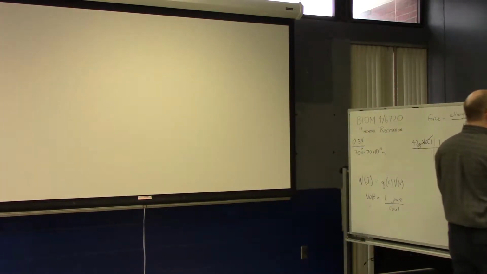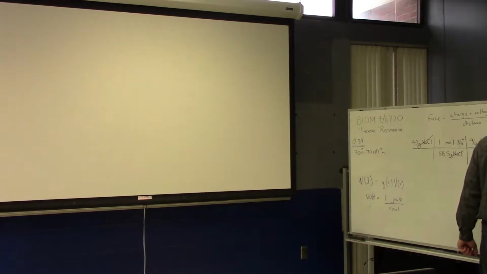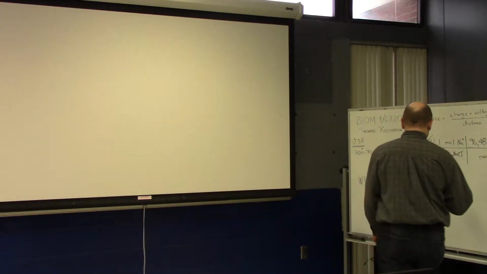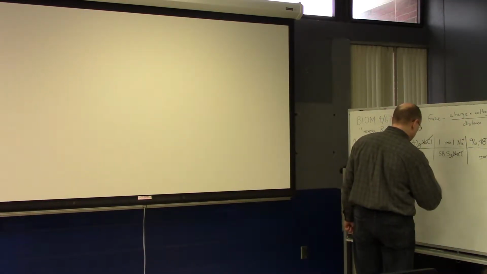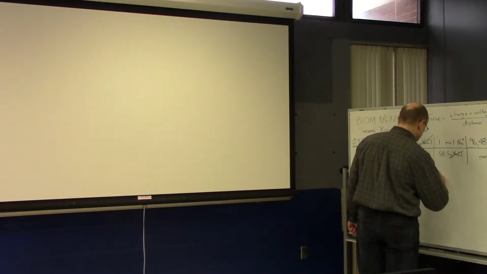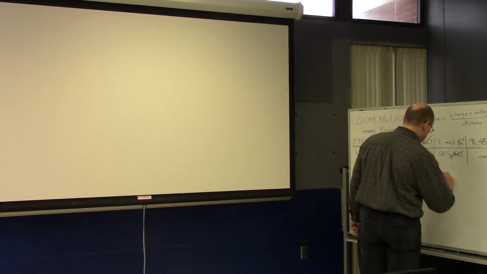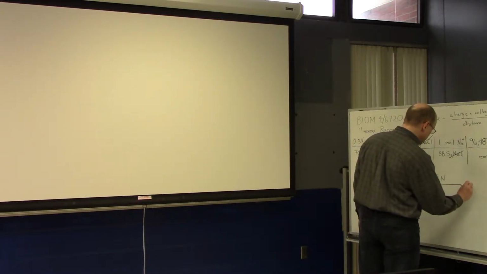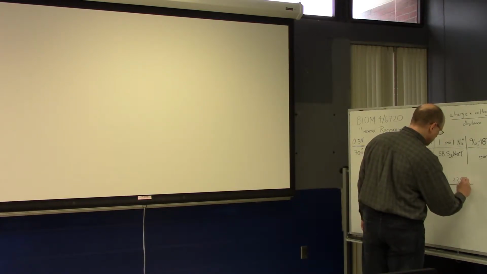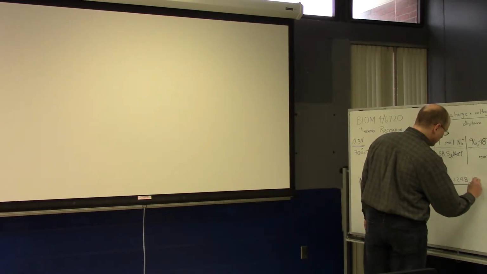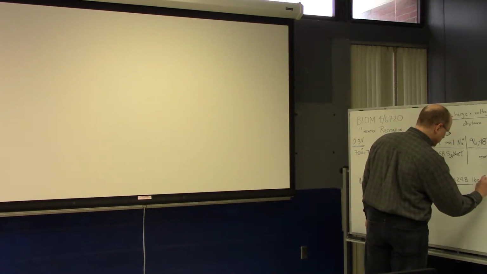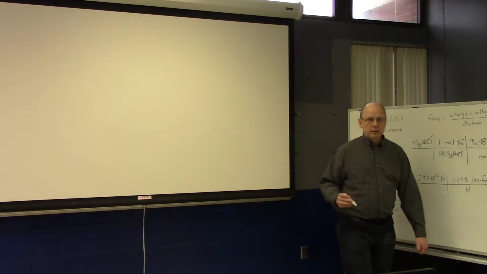Are we done? The question asks for force in pounds. So we have 2.97 times 10 to the 12th newtons. And what's our conversion factor? Multiply by 0.2248 pounds. Why did they say pounds force? Because it's not a weight, it's a force.